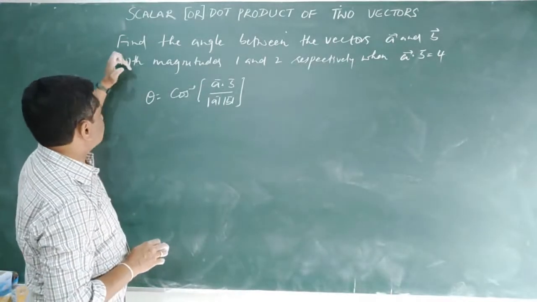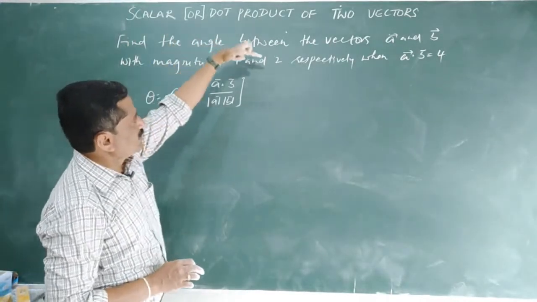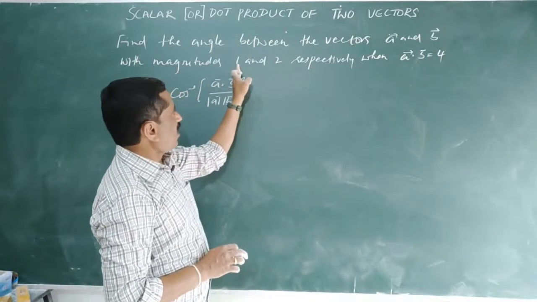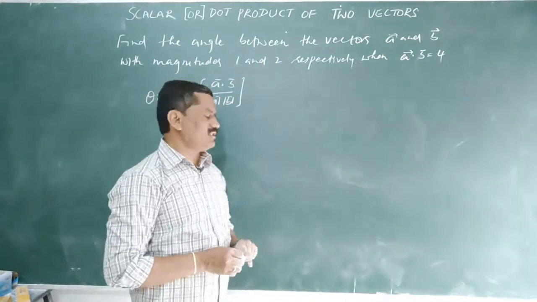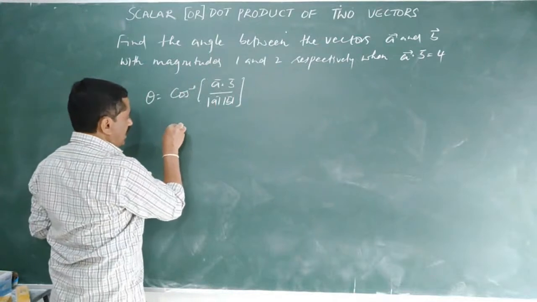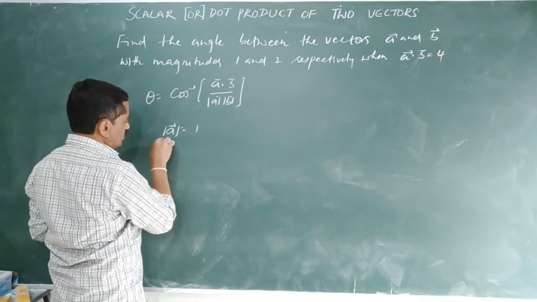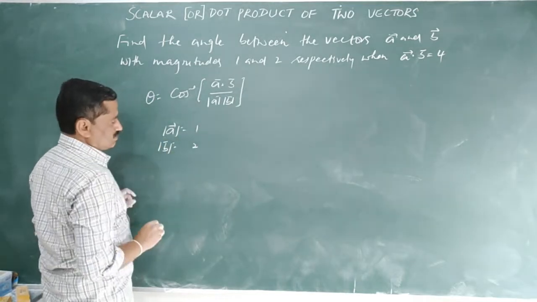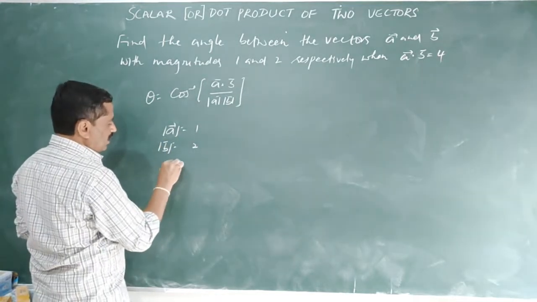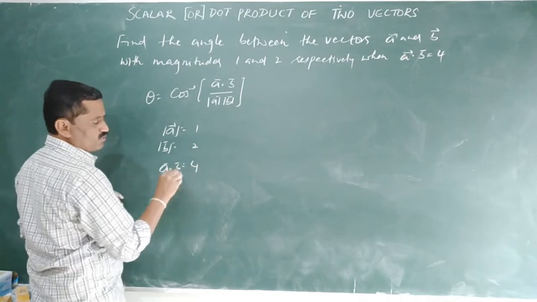Given the magnitudes of a and b are 1 and 2 respectively, that is magnitude of a bar is equal to 1 and magnitude of b bar is equal to 2, as well as a bar dot b bar is equal to 4.